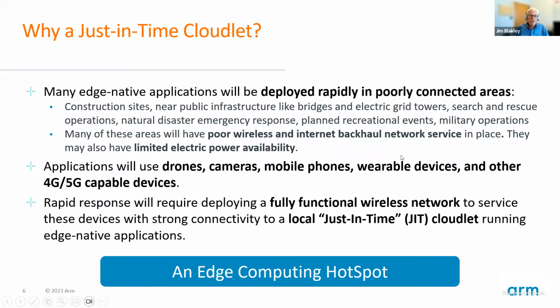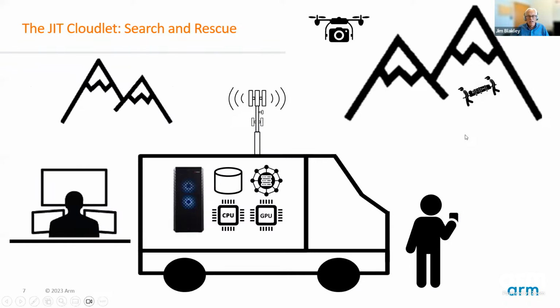And it's easier to think about this concept in the context of specific use cases. This is just one of the many that we see. Search and rescue cases. So imagine in the mountain, there's a lost hiker up in the woods, and a team is dispatched up into this remote area to be able to search for that lost hiker, find them, and send crews up to locate them.